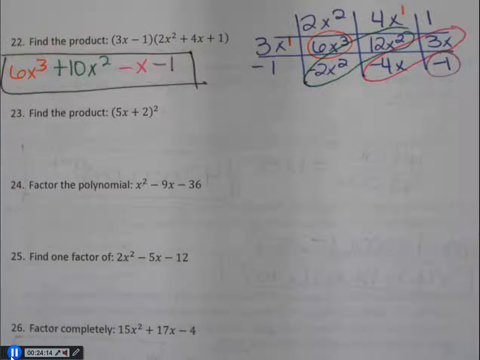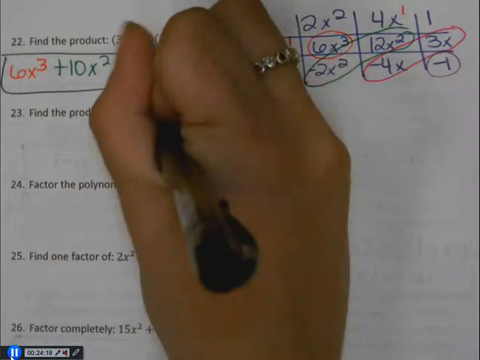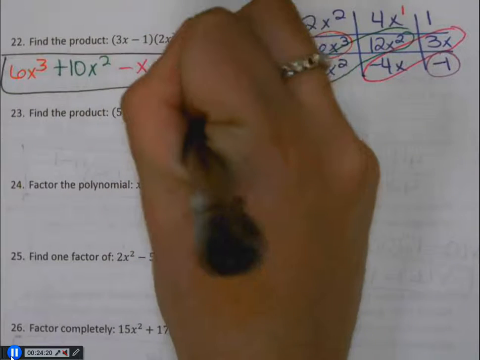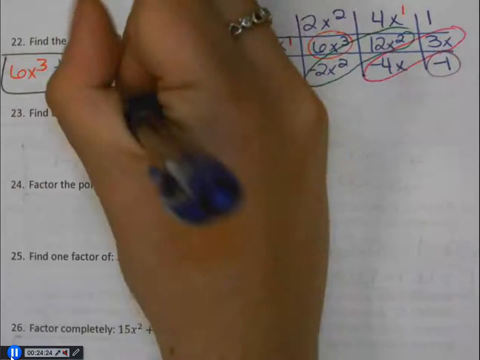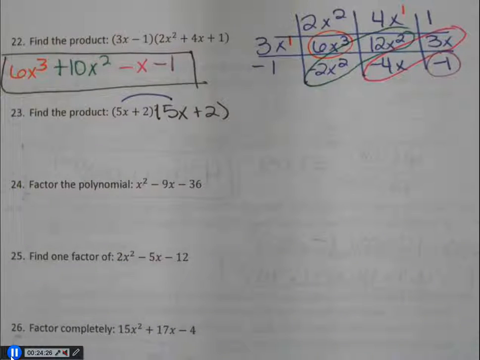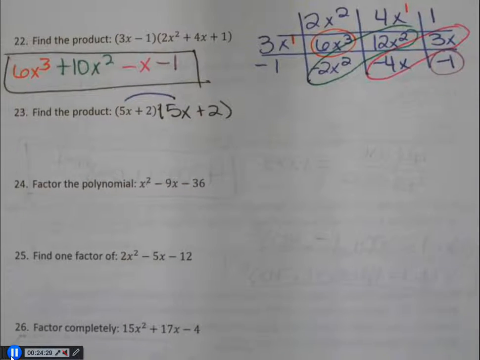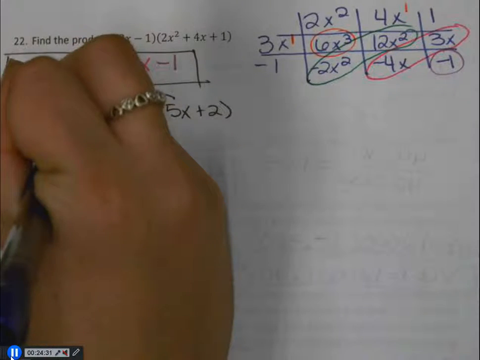Okay. 23, when it wants me to find the product, and it has an exponent, I rewrite it a second time. I'll solve this one by foiling. So remember, foiling is first numbers go together. So 5x times 5x is 25x squared.